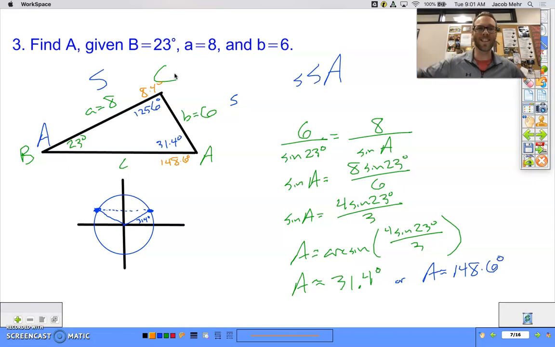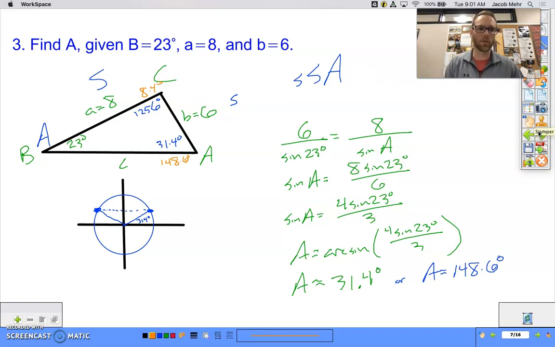So with that, I see that there's two possible triangles. If A was 31.4, then I have 125.6 degrees for C. If A is 148.6, then C is 8.4 degrees. So we end up with two possible triangles from our little side, big side, angle.